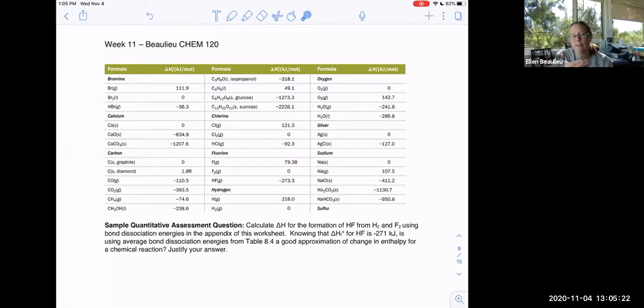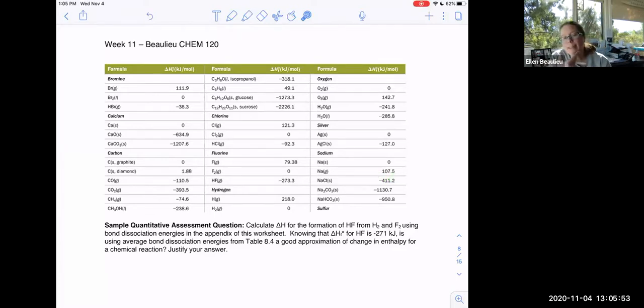So just orienting you to the way that you're going to see data in these tables. Oxygen in its elemental form most abundantly is O2, but we also have ozone. It takes a little bit of energy to make ozone. So the state of matter matters. Here, sodium metal is 0. If I want gaseous sodium atoms, that takes some energy.